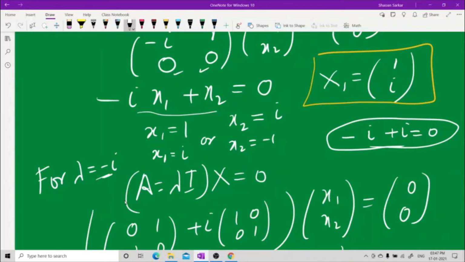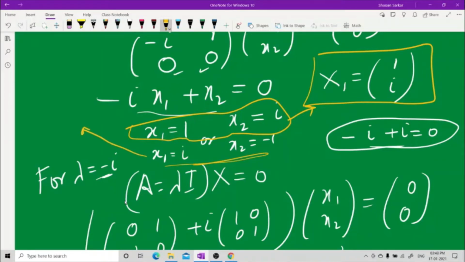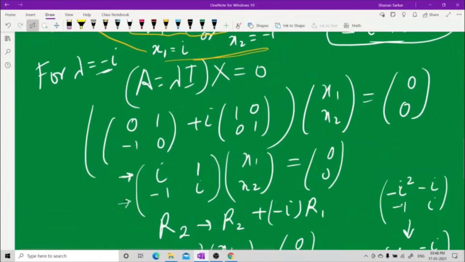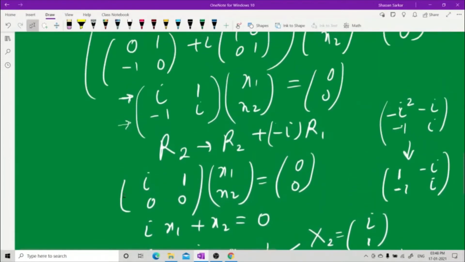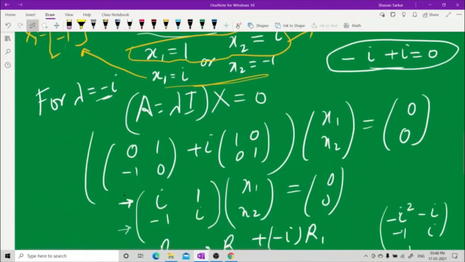I have chosen this one. So I got this. And had I taken this one, then I would have got another vector, i comma minus 1. The way you want to do it. They are not unique. They are linearly independent. That's the point. They are linearly independent, right?